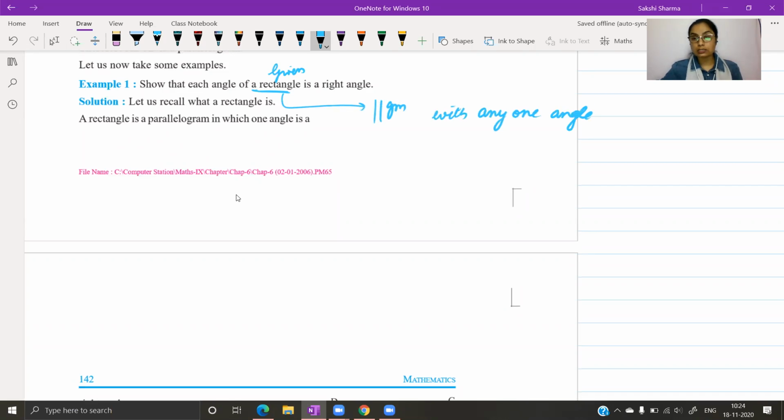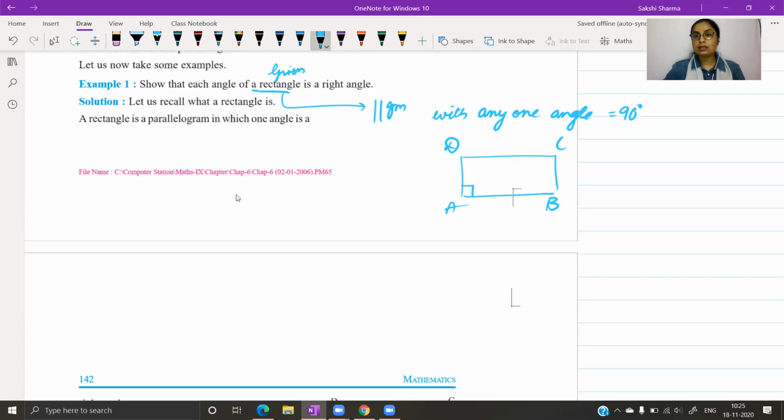I think I discussed this when I was going over the types of quadrilateral with you. कि हम जब rectangle की definition लिखते हैं तो हम ये बोलते हैं that a rectangle is a parallelogram in which any one angle is equal to 90 degrees, and then the remaining three become 90 degrees if we apply the properties of a parallelogram. So start with a parallelogram ABCD and mark any one angle as 90.